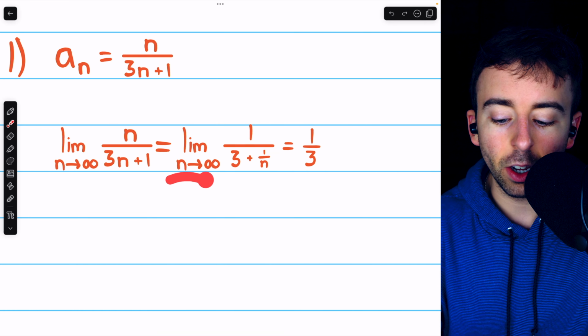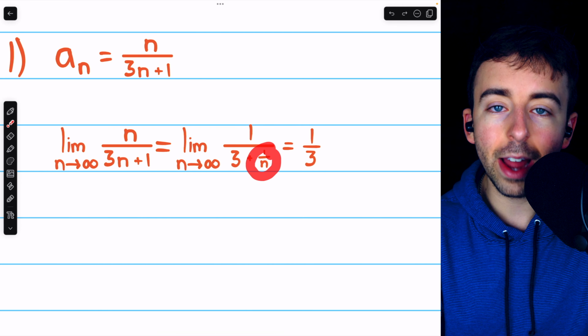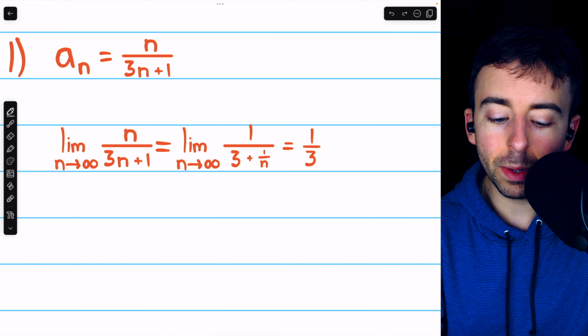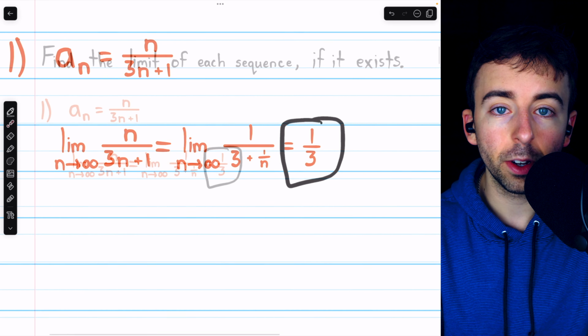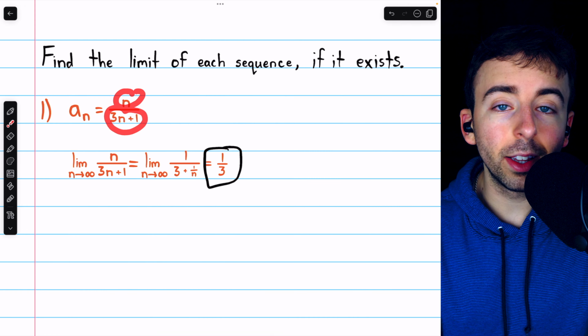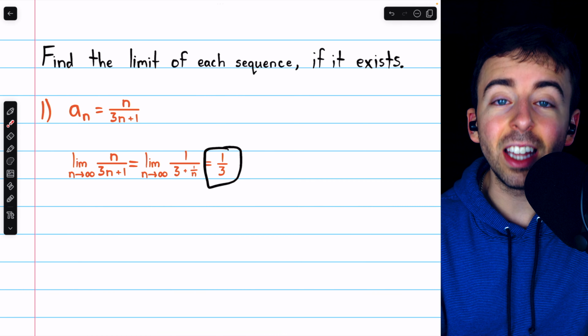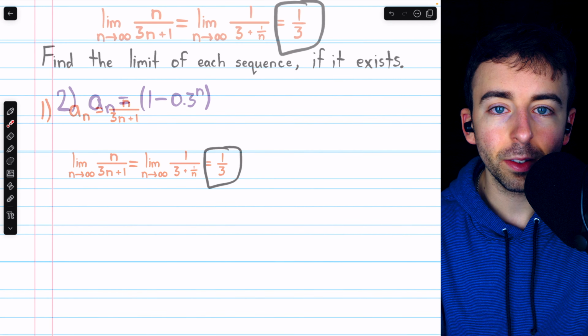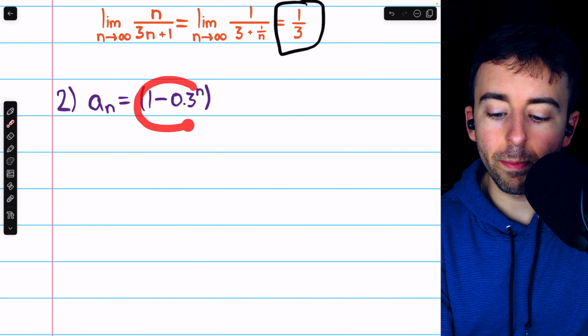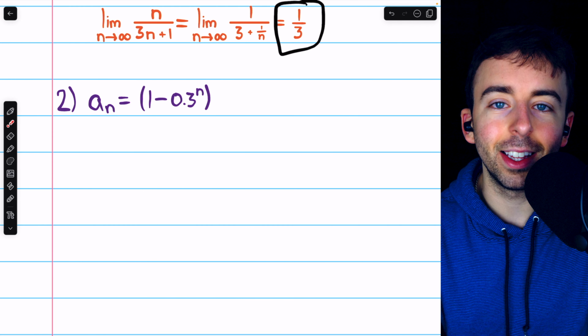Then we see as n goes to infinity, 1 over n will go to 0, and thus we'll be left only with 1 over 3, and so the limit is 1/3. Again, if you have a ratio of polynomials of the same degree, the limit at infinity is just the ratio of the leading coefficients.